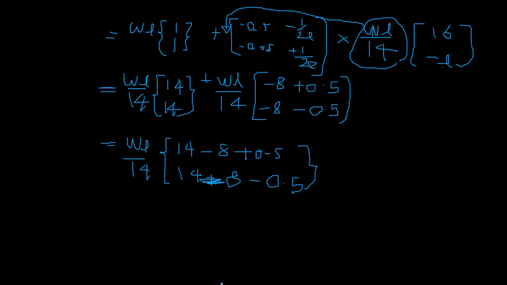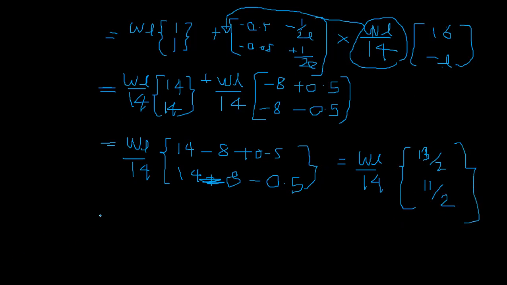So what are the answers we are getting? 8 minus 8 minus 5. So that means 14, 11 over 2. The other answer is 13 over 2. So this should be 13 over 2. This is 11 over 2.